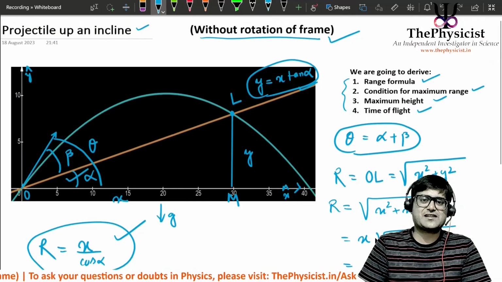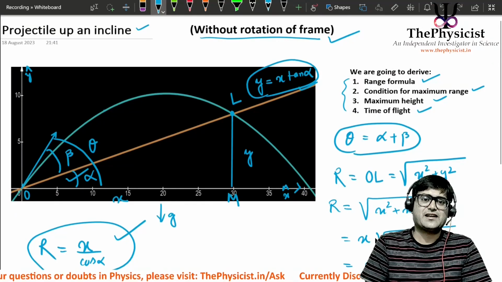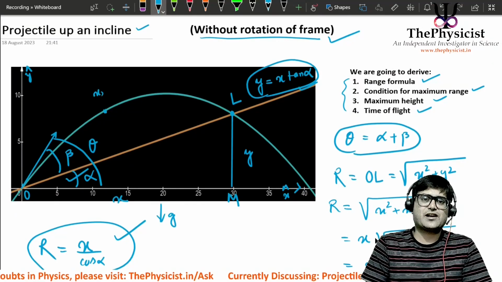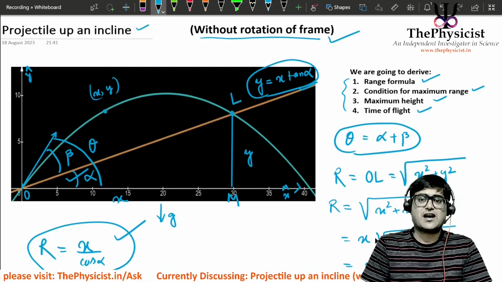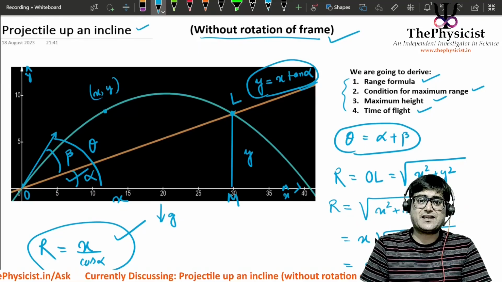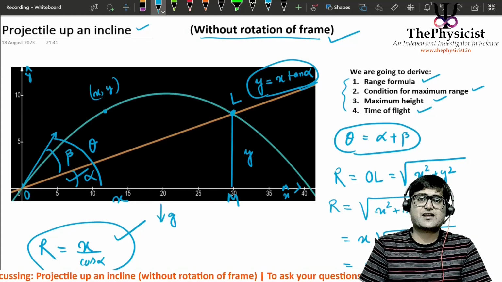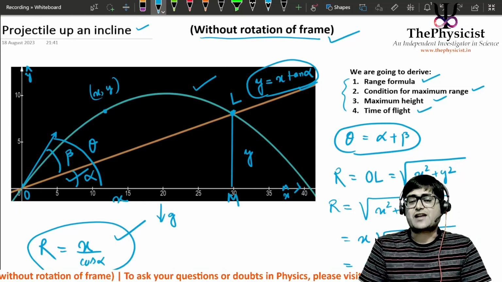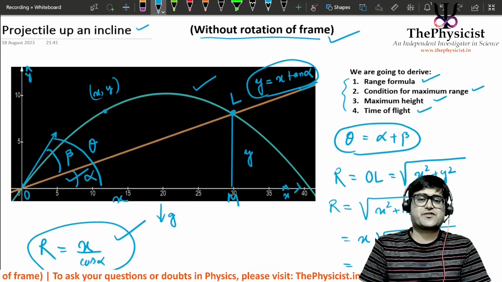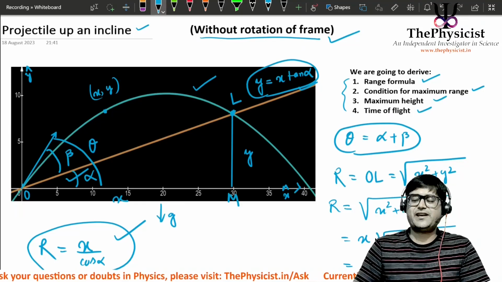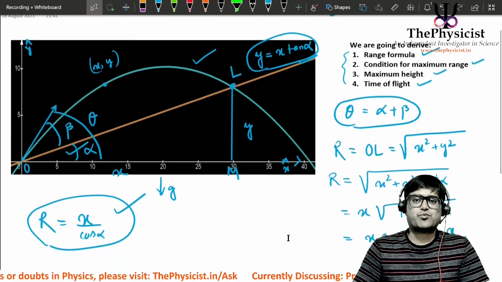As long as the particle is away from the incline, it could have any coordinates x and y on the parabola. However, when it reaches L, whatever its x and y coordinates are, they will satisfy the trajectory equation as well as that of the straight line. It will be the solution to both equations.